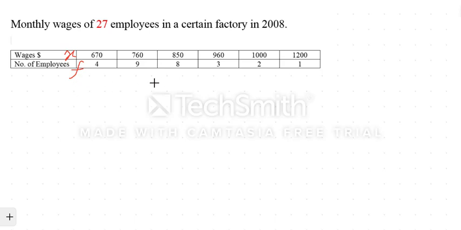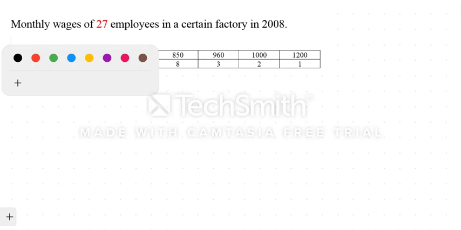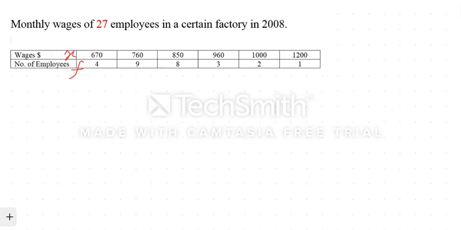To find the number which is exactly in the middle, what do we have to do? We have to find the cumulative frequency, CF. In CF, this 4 will be as it is. Then we add this 4 with this 9, it will be 13.